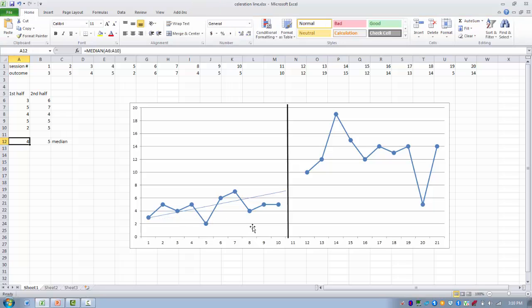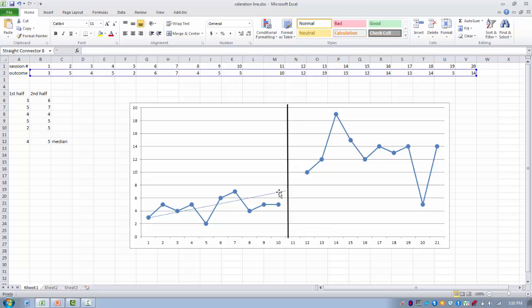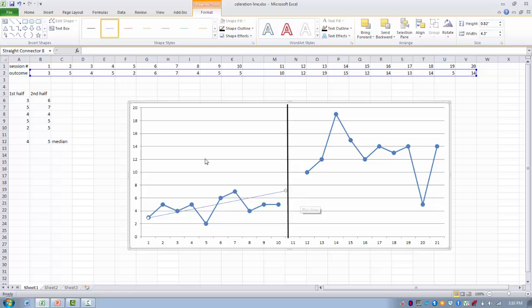Okay, so now I still have my acceleration line. In order to make a comparison between the baseline and the treatment phase using my acceleration line or my split middle line, I extend this split middle line into the treatment phase. So I'm going to insert another line, and I'm going to start it where my acceleration line ended at the end of the baseline phase, and extend it into the treatment phase.